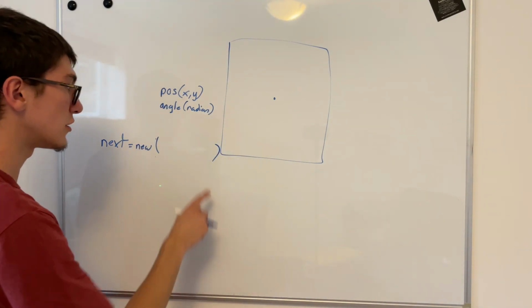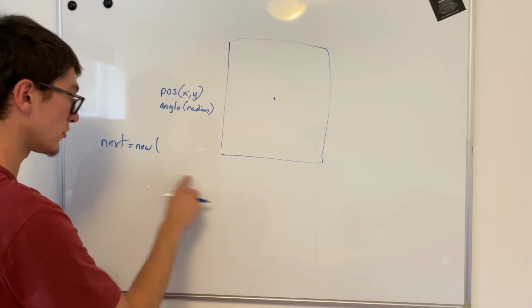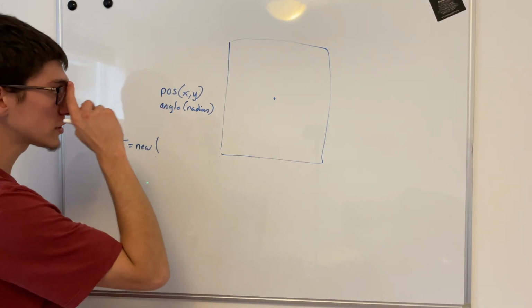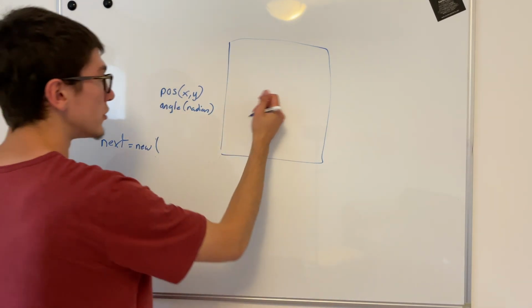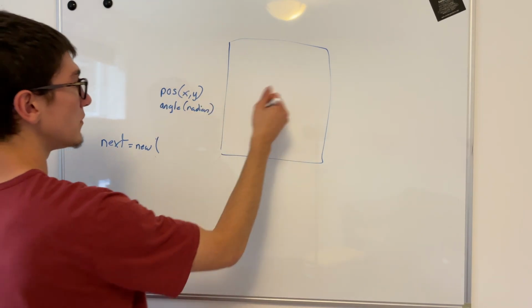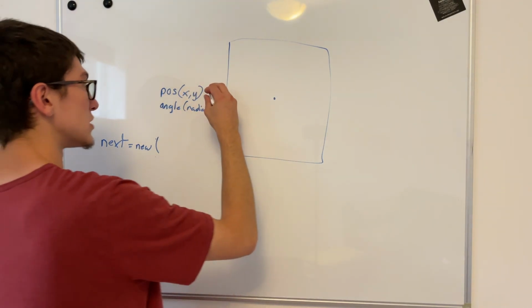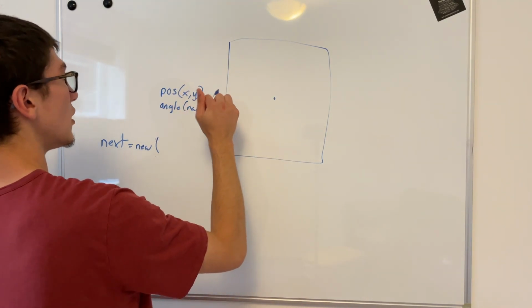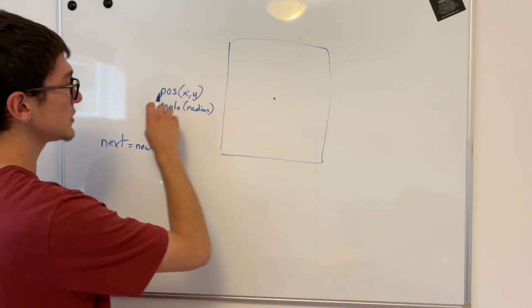Hopefully I have enough space, otherwise I can just go under it. Okay. So what's going to be the new position? The new position should be the current position. Well, it should be a new, well, so we're going to save this.